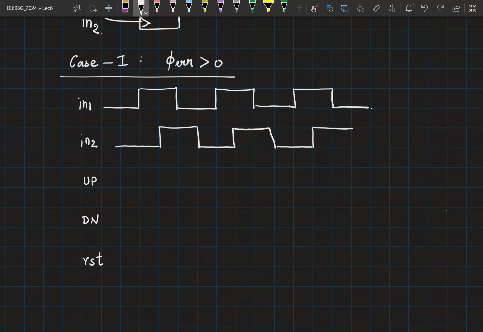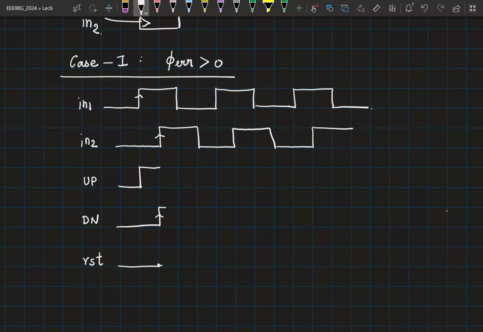So your up signal is going to go high with the rising edge of in1. With the rising edge of in2, the down signal will also go high. Now, when both the signals go high, reset will also go high, but we have assumed a delay of T reset for the AND gate.